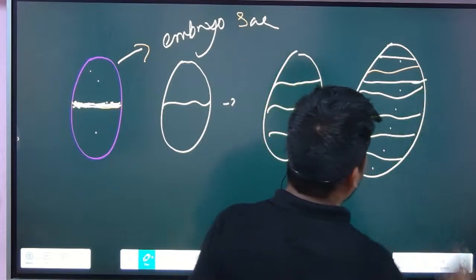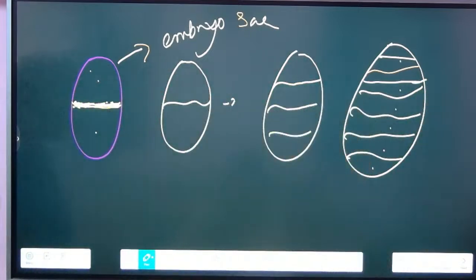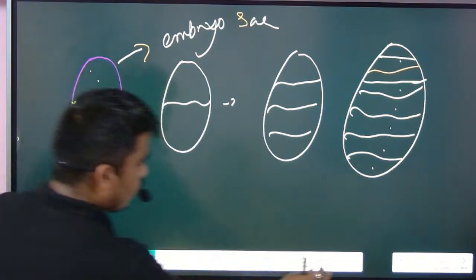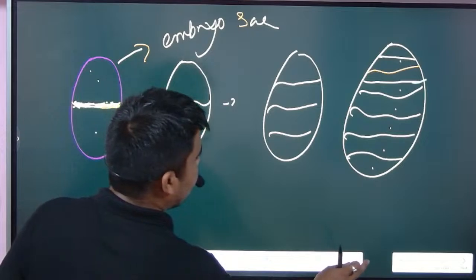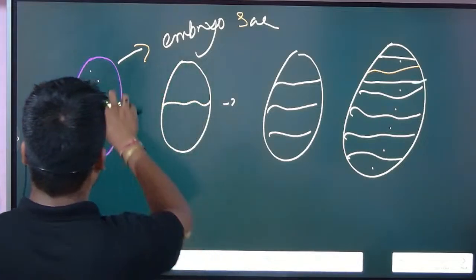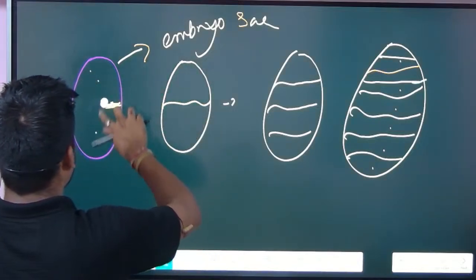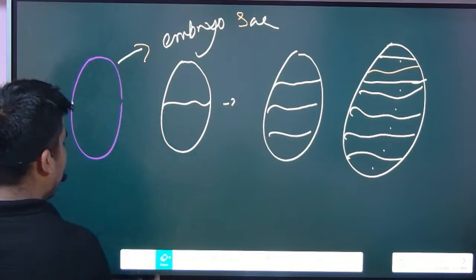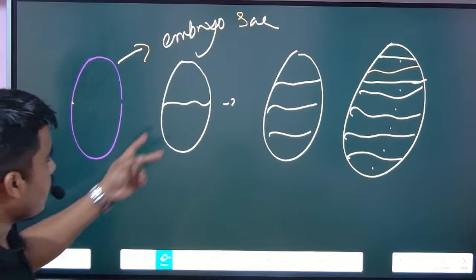So there will be 8 cells. First it was the megaspore mother cell, MMC, one cell.